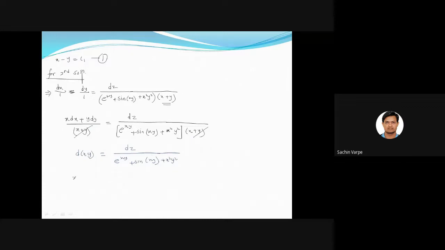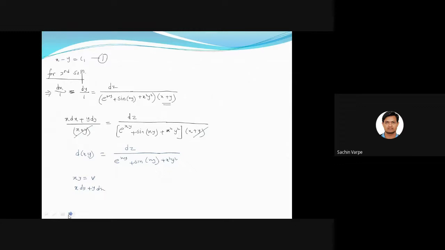And now when I substitute xy is equal to say v, a different variable, then x dy plus y dx.